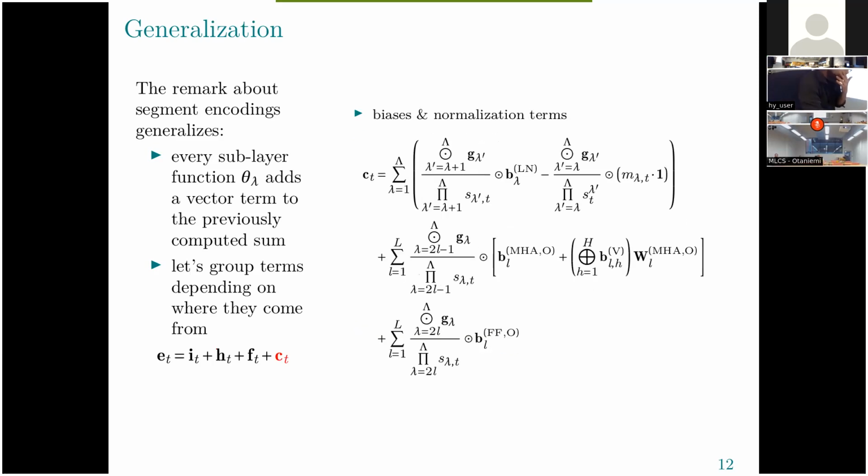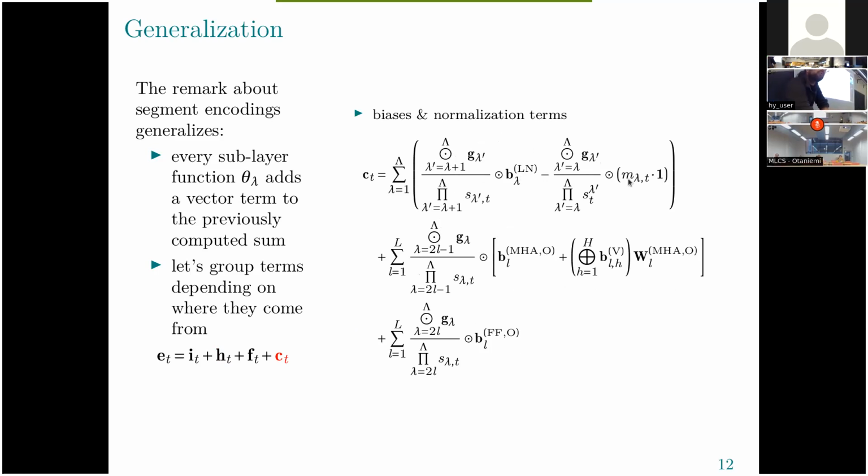And the last term of this 4-part equation, the C term, is basically everything that we can lump together that is due to biases and offsets and mean centering in the case of your gains, and so on. The first line here would be simply the biases you get from the gains, so the bias of the gain itself that has gone through the next layers.